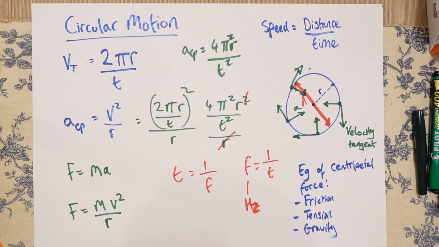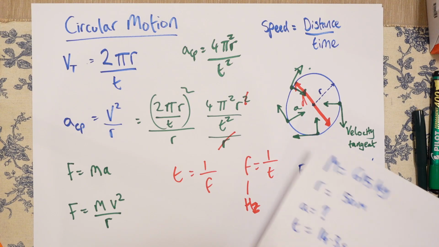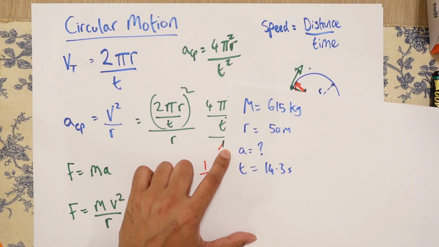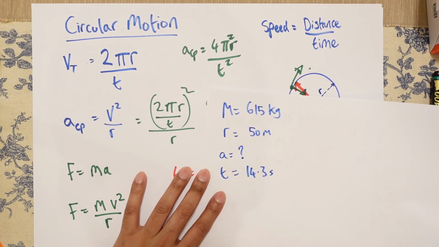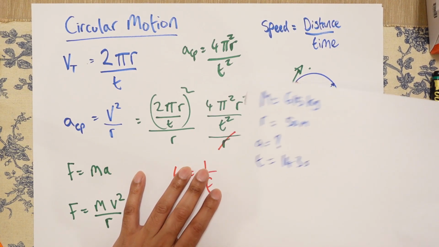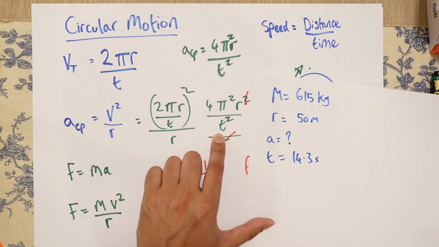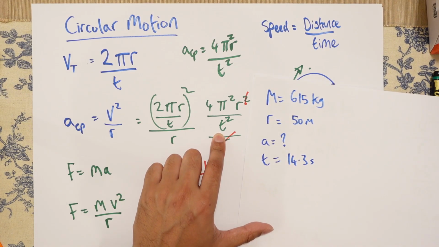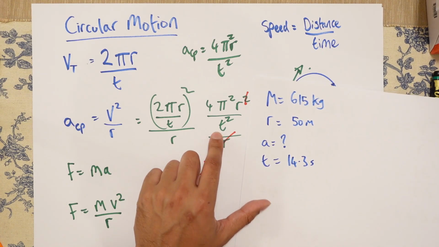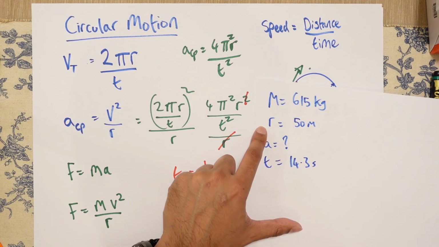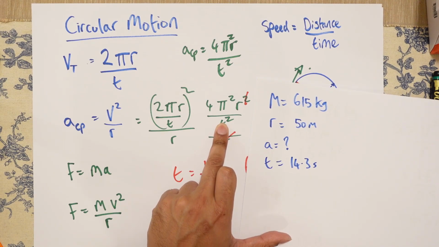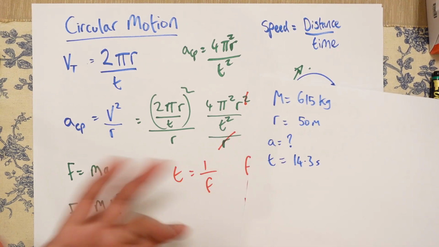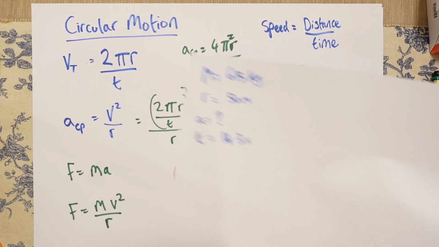Okay, here are our equations. So what do we need? We need the acceleration. Can we do v squared divided by r? We can't because we don't have the velocity. However, can we do 4 pi squared r over t squared? Yeah, we can definitely do this one because we have the time and we have the radius, and pi, as you know, is a constant. So let's use that one.